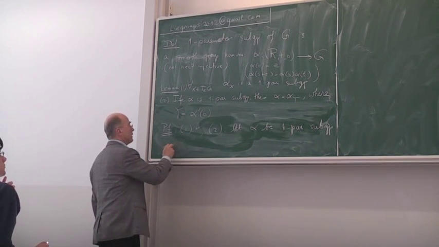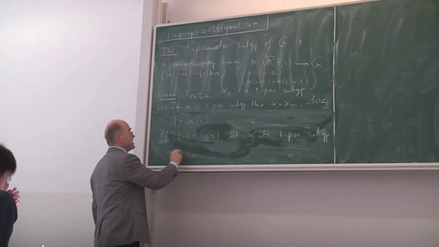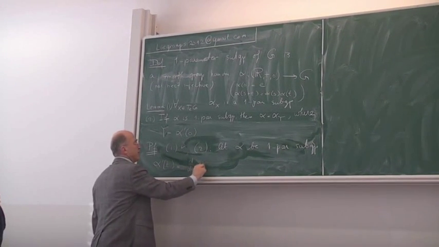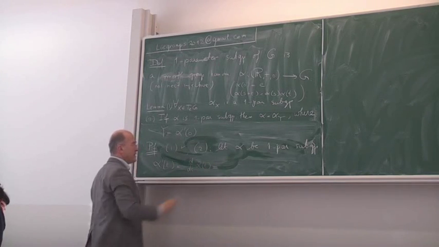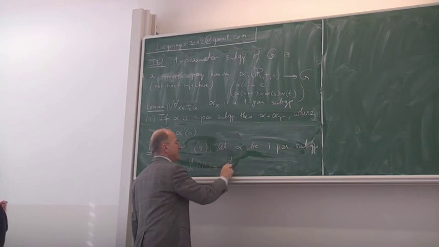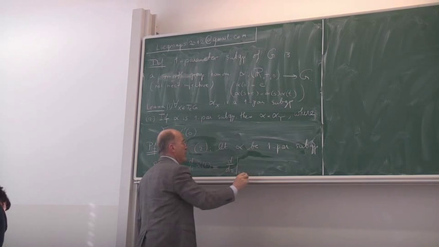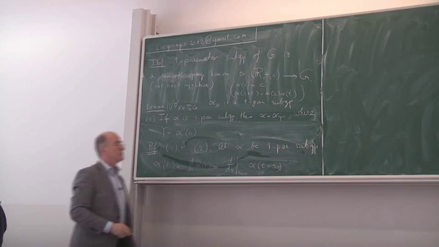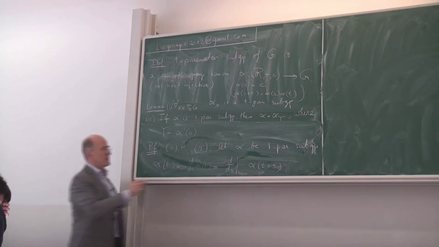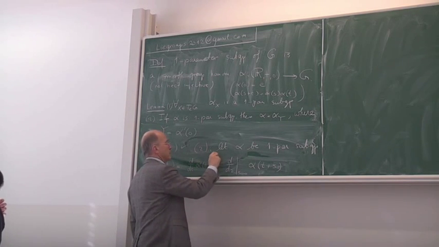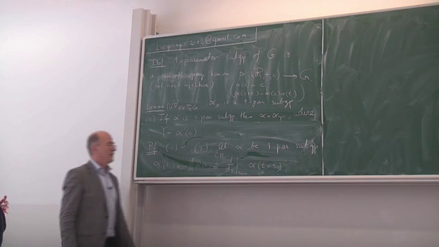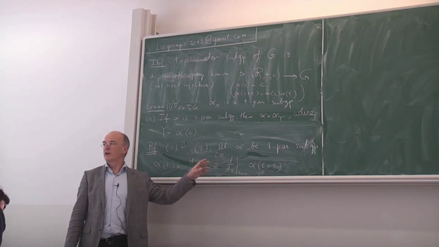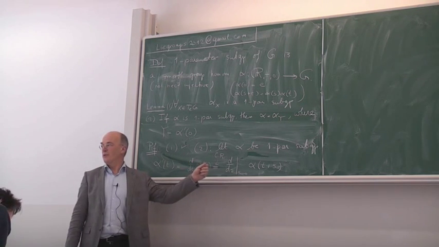So alpha prime of t is the same as d/dt of alpha of t. And this is the same as d/ds at s equals 0 of alpha of t plus s. Now one way to see this is by application of the chain rule. But of course, if you think of differential calculus in R^n, then this is well known.